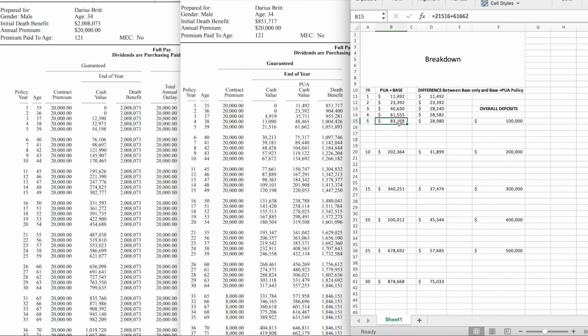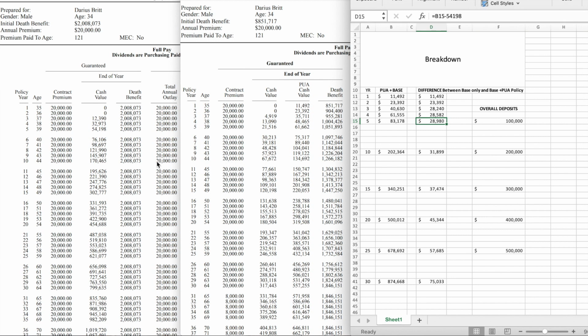In year 5, the base and PUA policy has $83,178. The difference between these two are $28,980. This is the difference between policy 1 and policy 2. So just adding a paid up additions rider increases your cash value by $28,000.